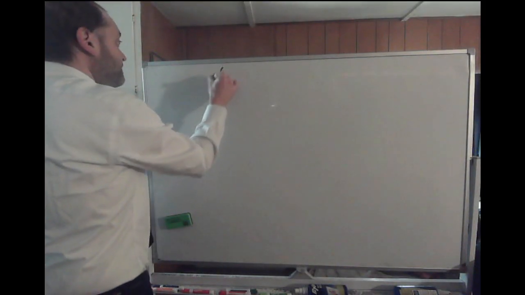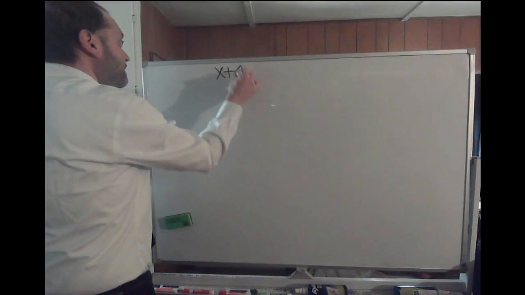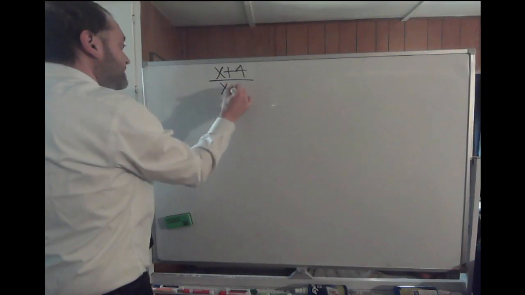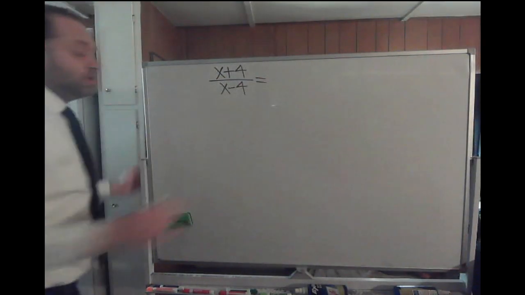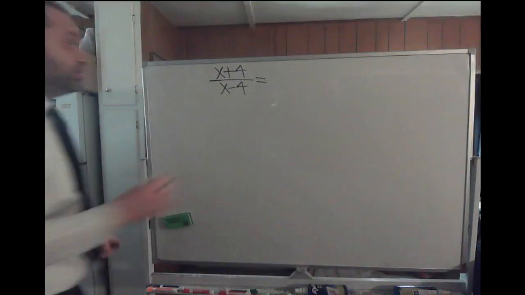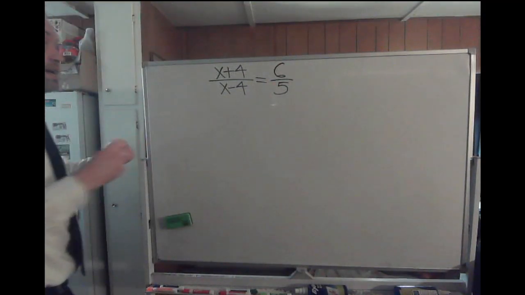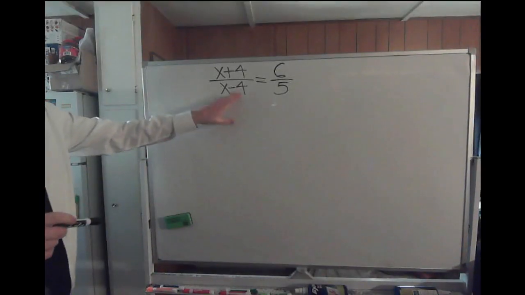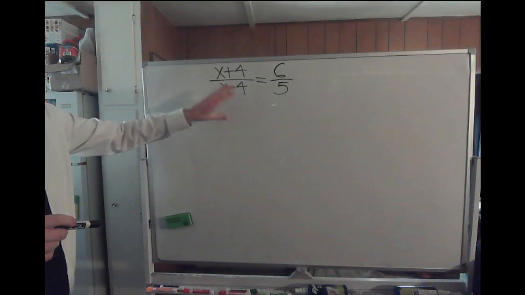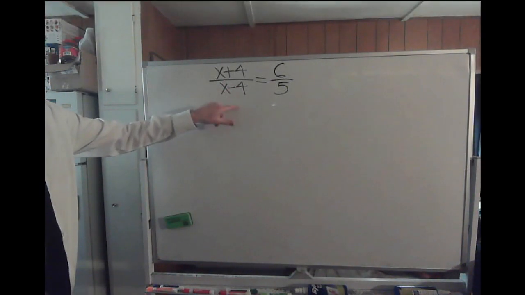Alright, so we have (x + 4)/(x - 4). That ratio is set equal to 6/5. And this time, in the left ratio, we do have an x expression in the denominator.